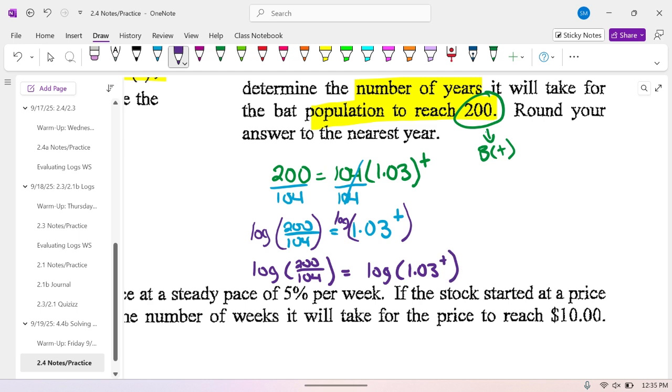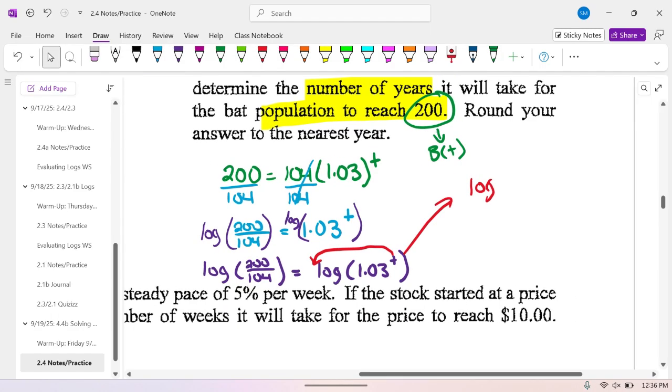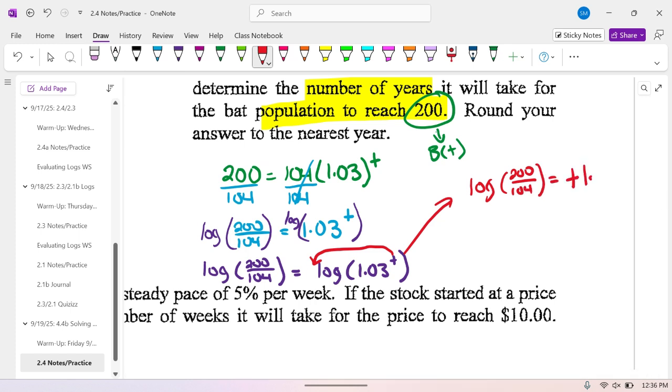What's my next step? Not yet. I can't divide just yet. I have to do something first. Right, move the exponent out of the exponent. So I've got to move it to the front of the log. So this would be log of 200 over 104 is equal to t times the log of 1.03.